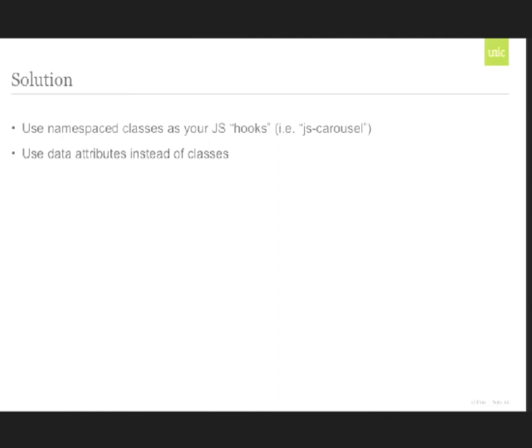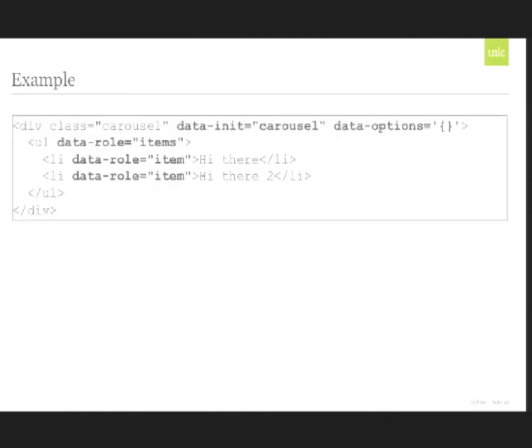Another approach is using data attributes. That's actually what I like, where you have, for example, a data attribute init, which would then initialize your carousel. You can pass options, of course. You can also use data attributes to mark specific DOM elements you need for this carousel.